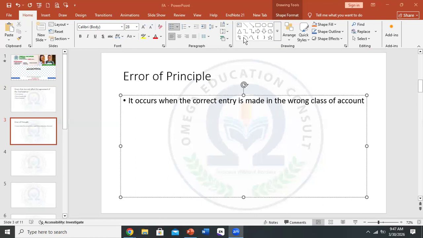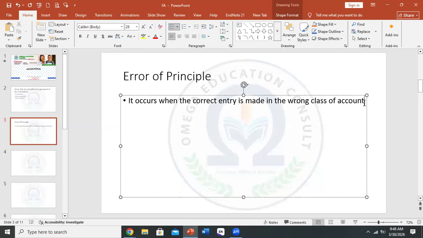And by that, I mean, for example, assets and expenses behave the same way because they all have debit balances, right? And then liability, capital, and income also have similar or same characteristics. So sometimes the accountant may make the mistake of putting an expense in an asset account, or putting an asset in an expense account, or doing same when it comes to income, liability, and capital, right?